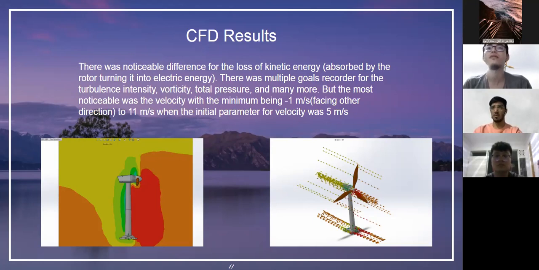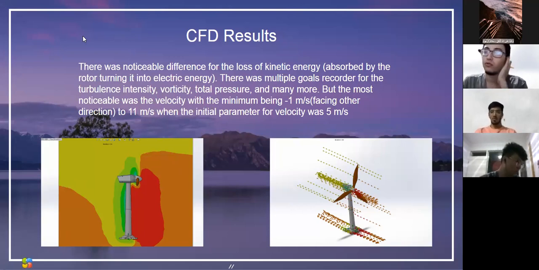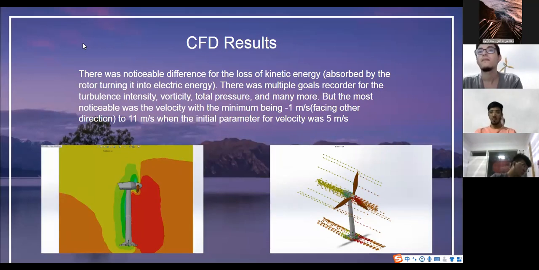What we could have done better is we could have made the base a lot smoother, and it would also help with the structural stability. But we also noticed for our simulation, we had a lot of our normal parameters for the velocity, the thermodynamic parameters, and the turbulence parameters. They were both normal at sea level, with wind blowing towards the wind turbine at 5 meters per second.